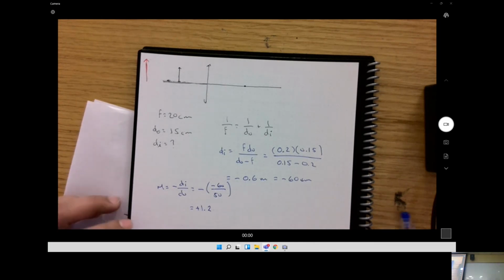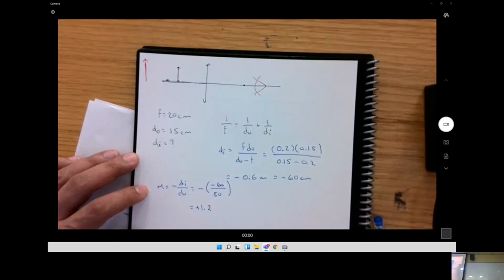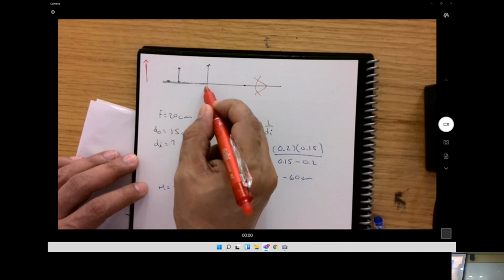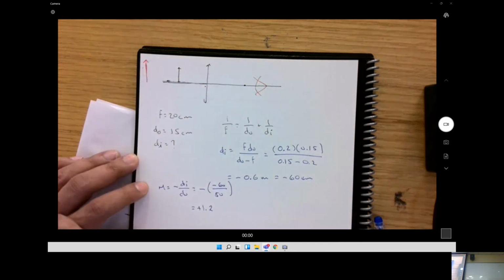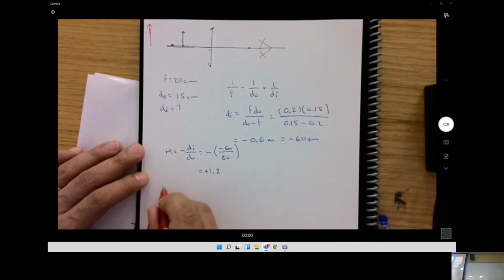The only way that you can see that image is if you put your eye somewhere along the optical axis. You need to see through the lens and then you can see this image. That's basically what happens when you're using a microscope. You need to see through the lens to be able to see that image. So this is an example of virtual image.